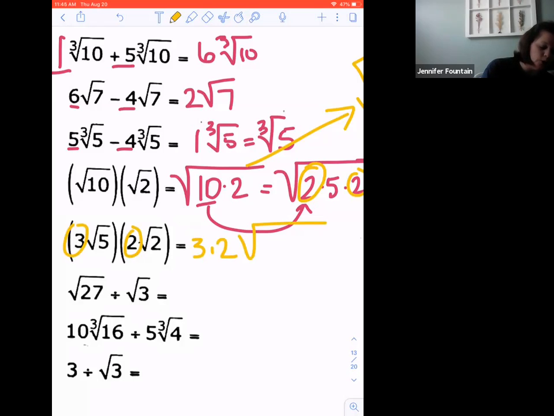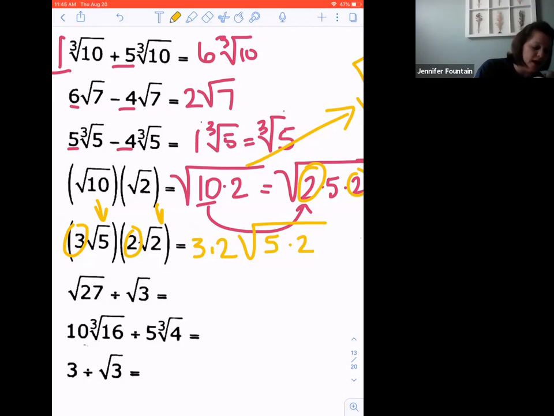Then under my radical sign, I'm going to put 5 times 2 because they're both under the radicals. My 3 and my 2 are whole numbers outside of my radical, so I keep them outside the radical. What is underneath my radicals, square root of 5, square root of 2, are going to go together underneath my radical. Is everybody good with that so far?